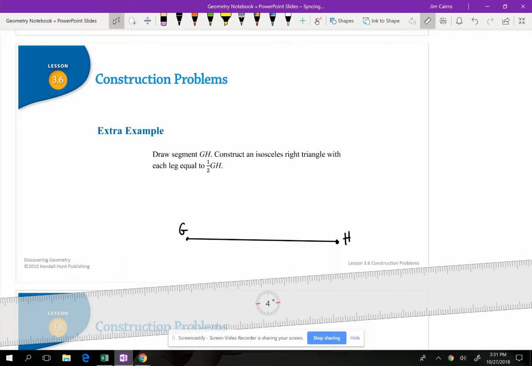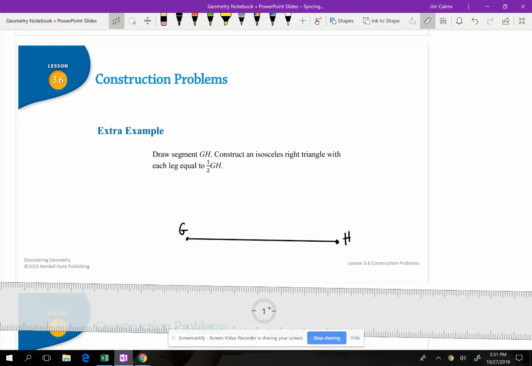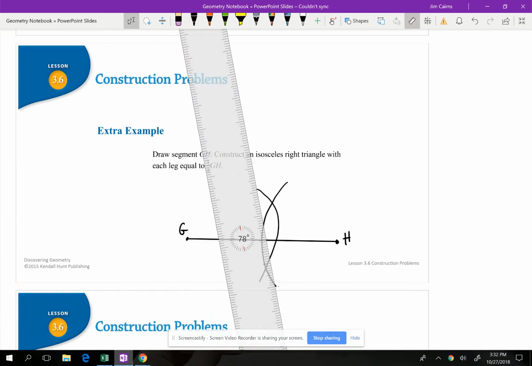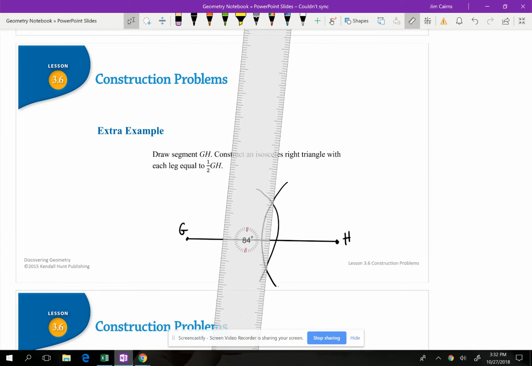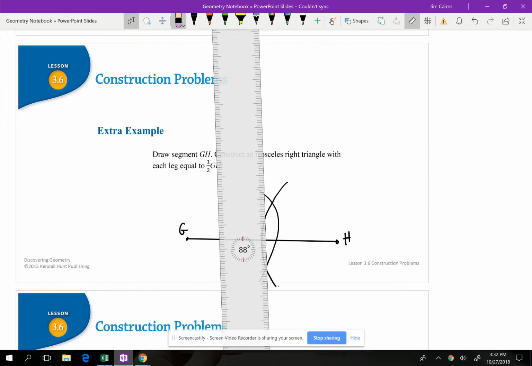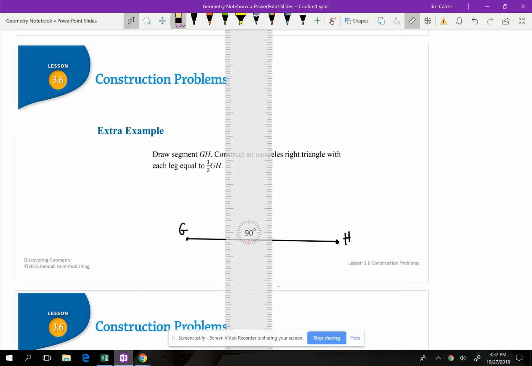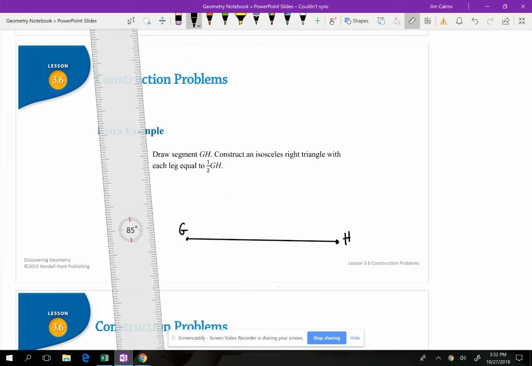We're going to construct a leg equal to 1/2 GH, so let's do a perpendicular bisector. Swing an arc from G, swing an arc from H. And if I did it right, which I didn't because I don't have a compass, the line would be the perpendicular bisector of it.